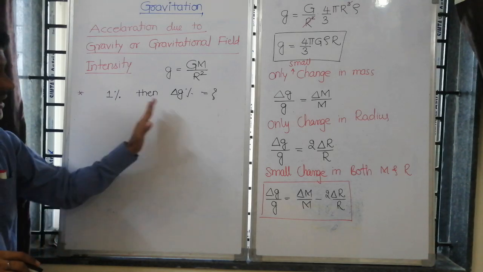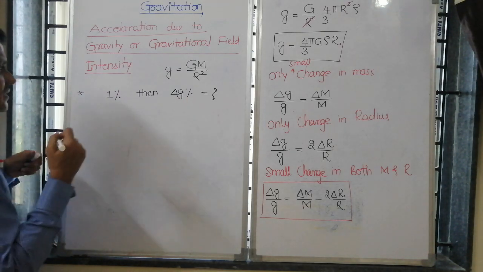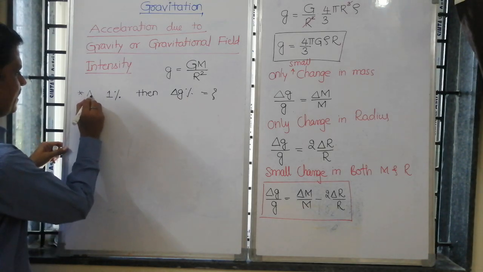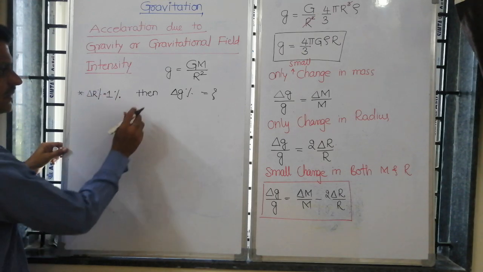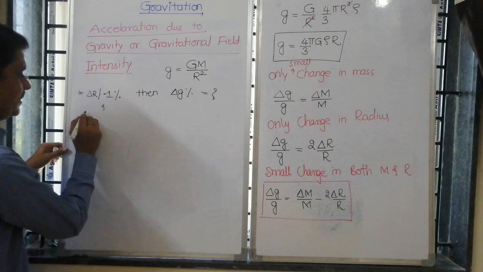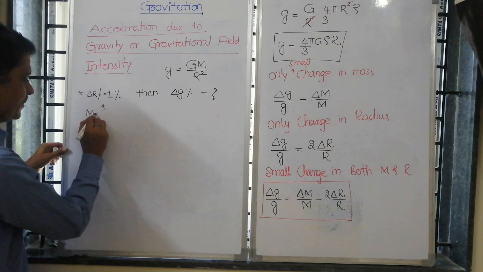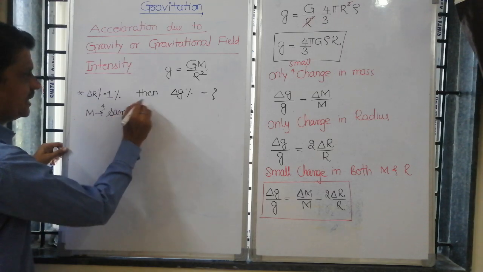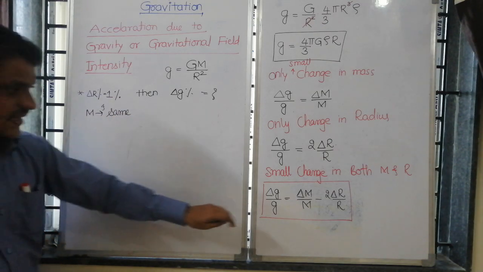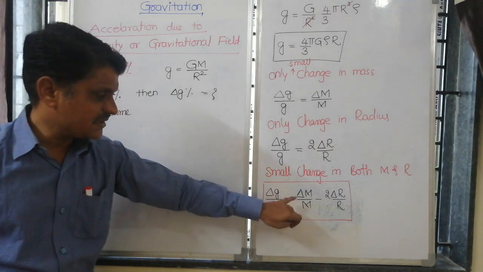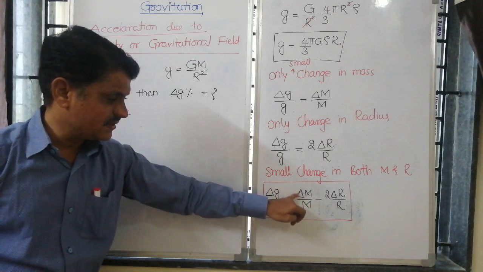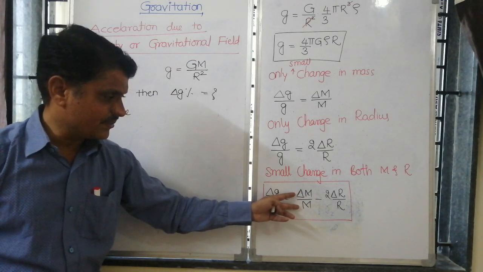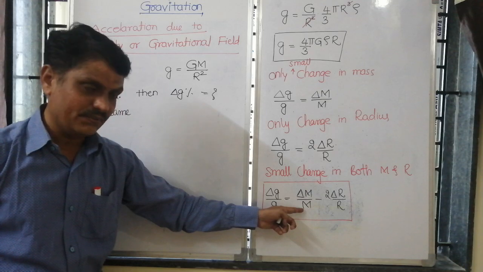The mass remains the same. Here delta R percent is equal to 1% and m remains the same. Then the percentage change in g: as you know, if m remains the same, the percentage change in m is 0, and 0 by anything is 0.